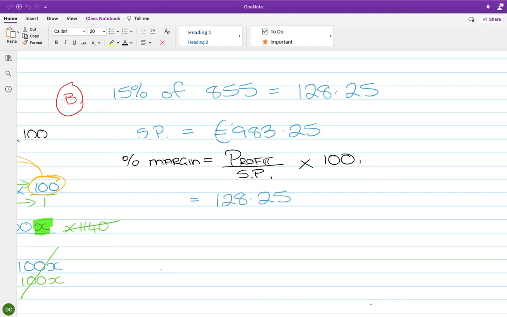The new selling price is 983.25, and then times that by 100. I'm getting the same, yeah, well that would kind of make sense. Anyway, so 13.04% is what I'm getting as the new percentage profit margin.